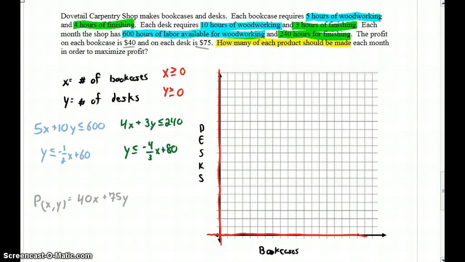Now, the hours of woodworking come out to be 60 on the y-axis. Let's go up by 5s. So here's 10, 20, 30, 40, 50, 60, and it's going down 1/2. Since I'm going by 5s, it's really down 5/10, but that reduces to down 1/2.